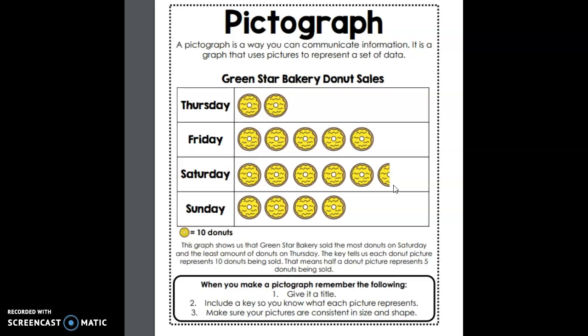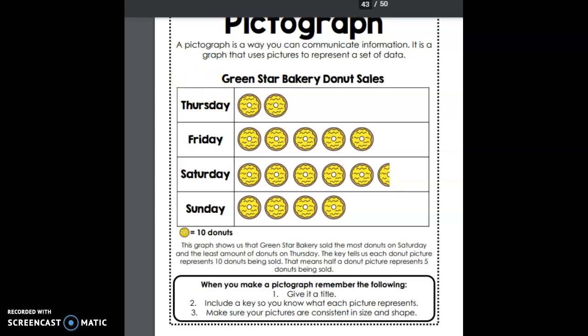If a whole donut is 10, what do you think half a donut would be? Half a donut would be 5. So here they sold 10, 20, 30, 40, 50, 5 donuts. And on Sunday, they sold 10, 20, 30, 40.